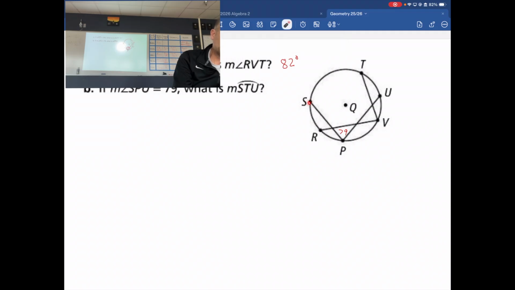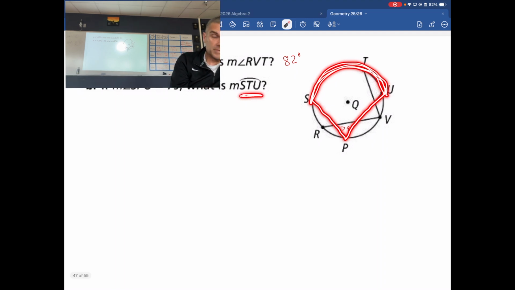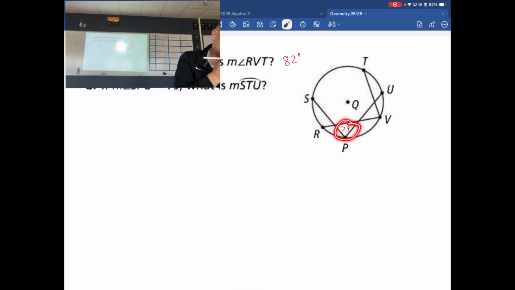So if my cone is 79, how do I get to the arc? Is it half of it or do I double it? Double it. So I take 79 times 2, 158. So my arc is 158 degrees.